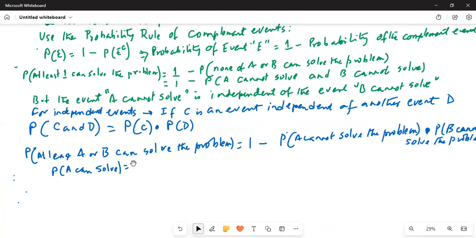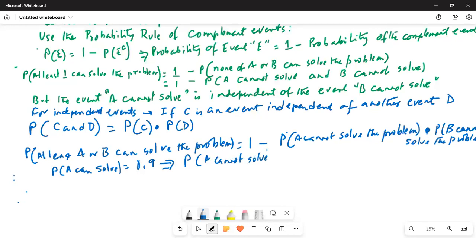So it is 0.9, which leads us to think that probability of A cannot solve is equal to 1 minus 0.9, which is 0.1.